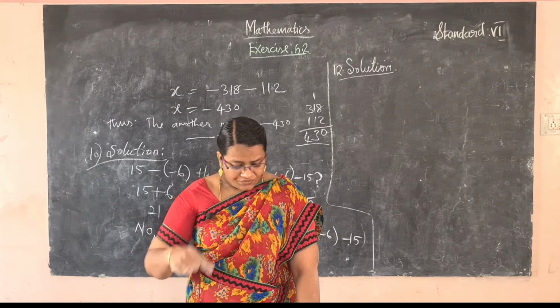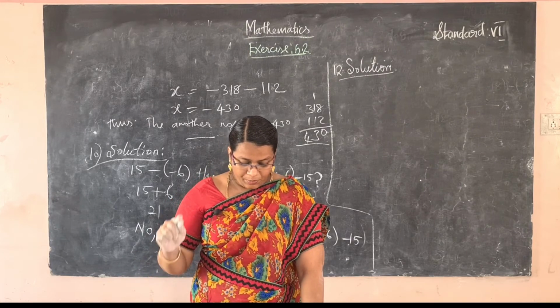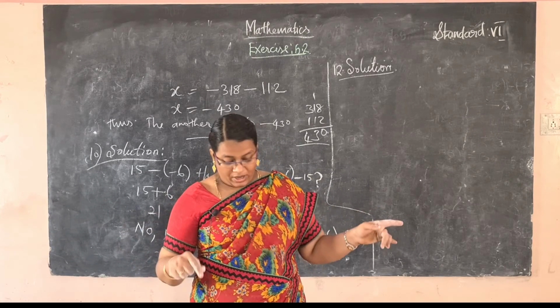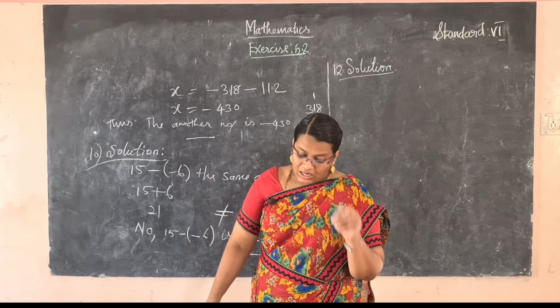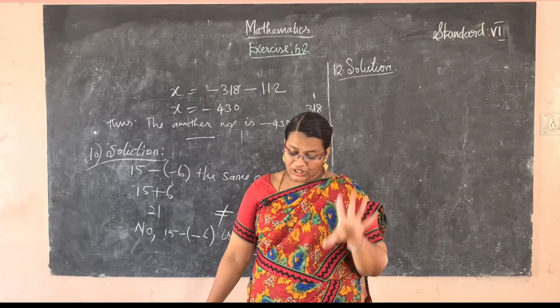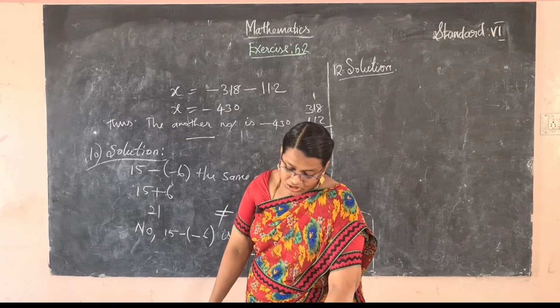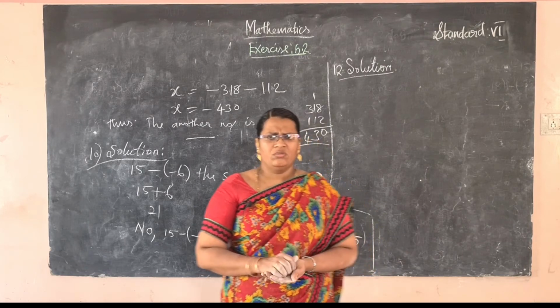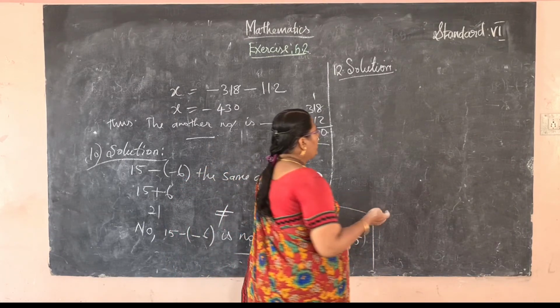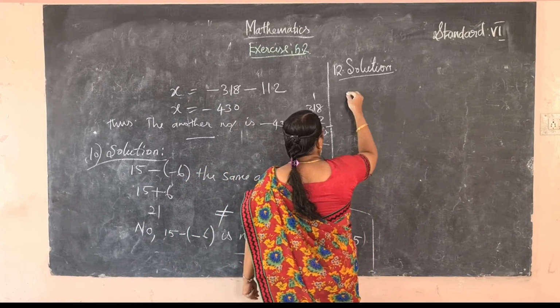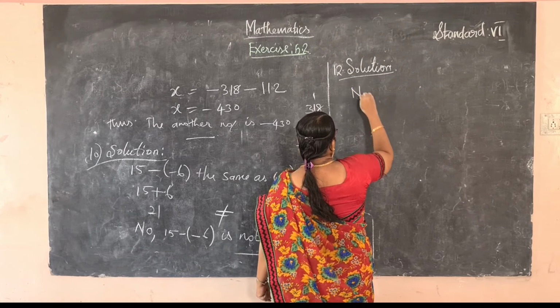Listen, what will be the sign of the product? If we multiply 5 negative integers and 1 positive integer, what do we get? Negative, because 5 is an odd number, is it? See, answer is negative.